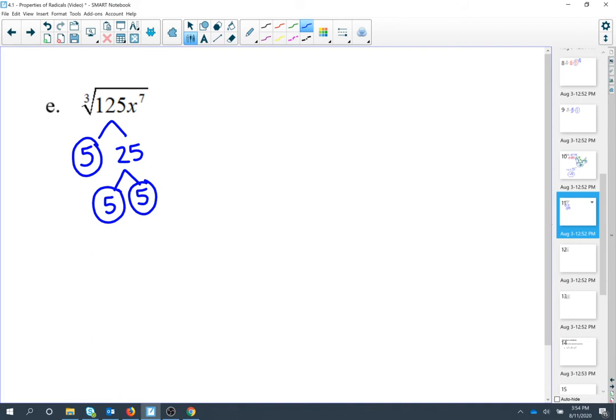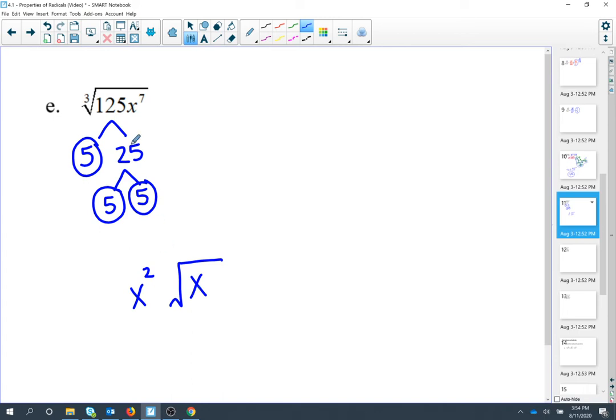Again, you can list out 7 x's, or you can think and go, okay, I have 7 x's. How many groups of 3 can I get out of 7? Well, I can get two groups of 3. So really that would be like an x squared with 1 left over.